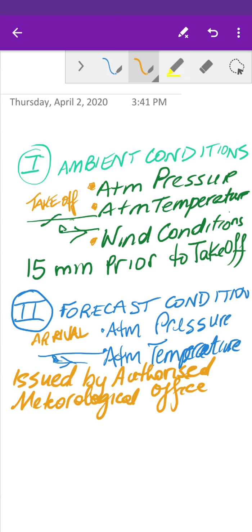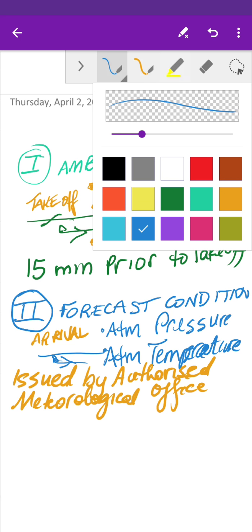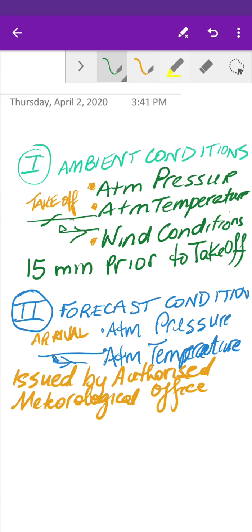Not just anyone can give that. It's the forecast condition for that aerodrome. So it's important to be able to do the calculations of the landing requirements before you actually take off.